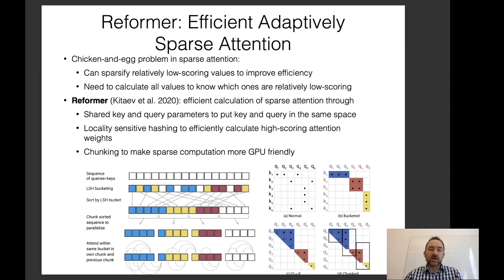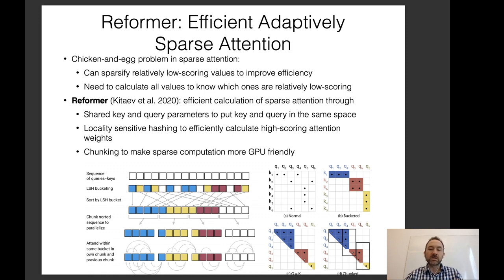So this gives rise to a chicken and egg problem in sparse attention. We can sparsify relatively low scoring values to improve efficiency. Anything that is not included in our sparse attention, so anything that has an attention weight of 0, we can do no computation for at all.